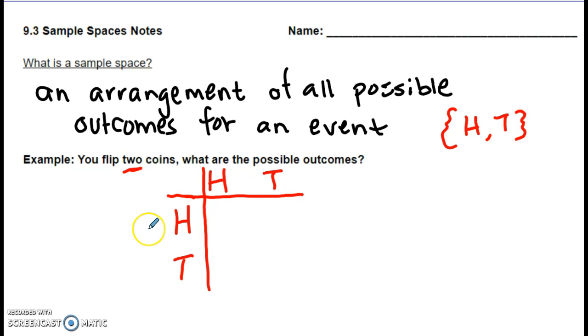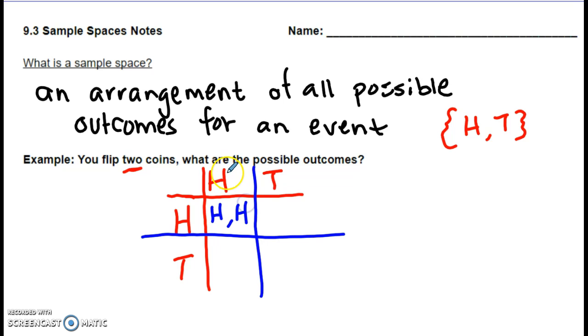And then what we do is we make just an arrangement on the inside. It almost kind of looks like a multiplication table once we're done, because you're taking what's up here on top and what's here and creating a list. So one possible outcome is that you could flip heads the first time and then heads the second time. And see, I'm just pulling from both sides here.